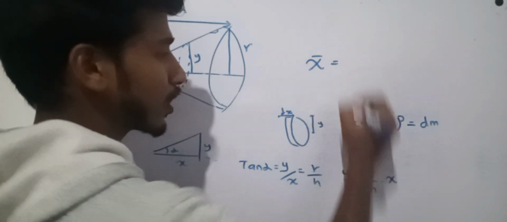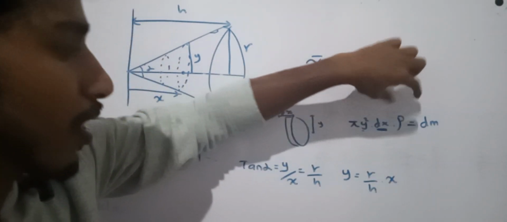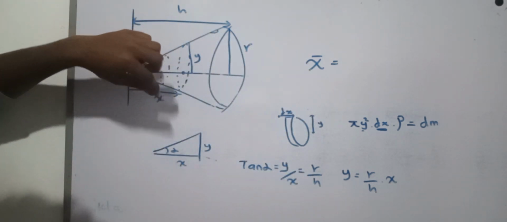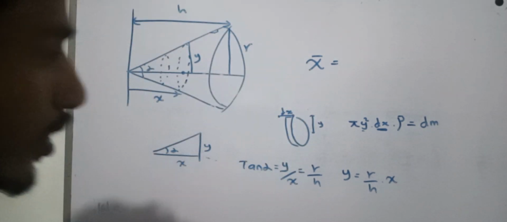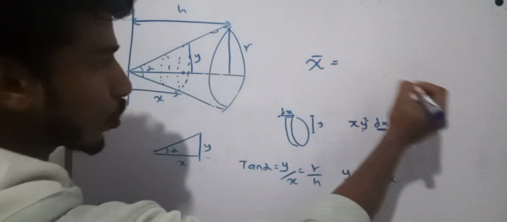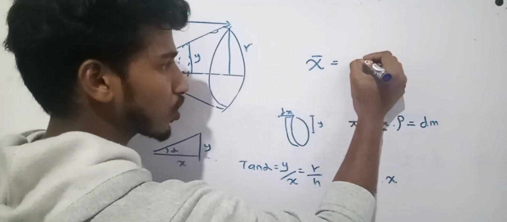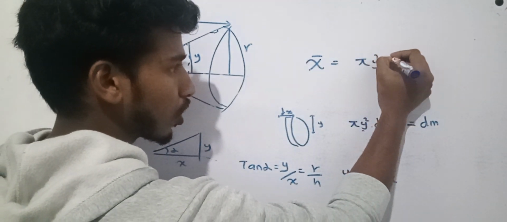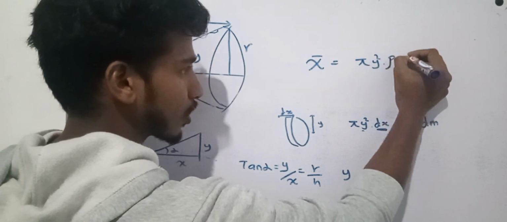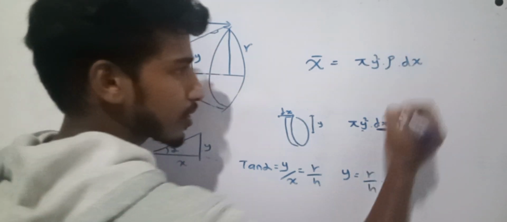It is actually the mass into the distance, so you get the moment divided by the total mass. So pi y squared rho times dx, that's the mass.